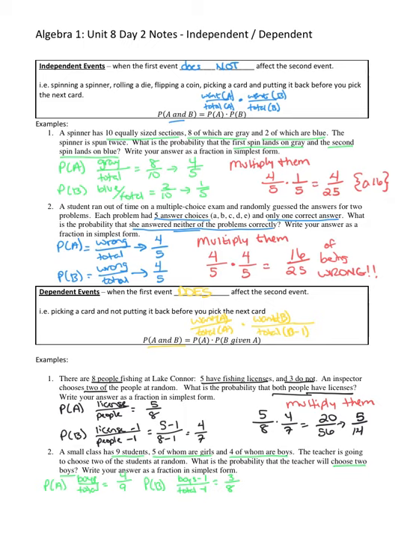So now you do what I've been saying, multiply them. And you get 4 over 9 times 3 over 8 equals 12 over 72, which equals 1 over 6.